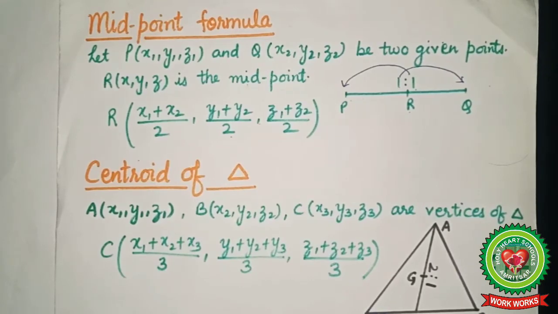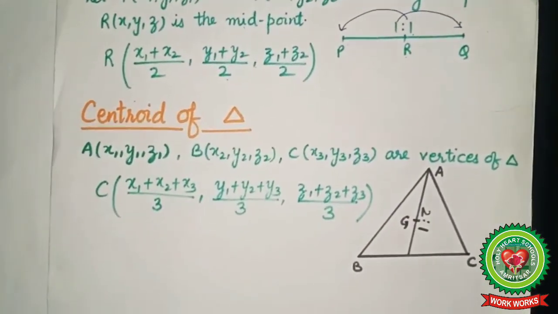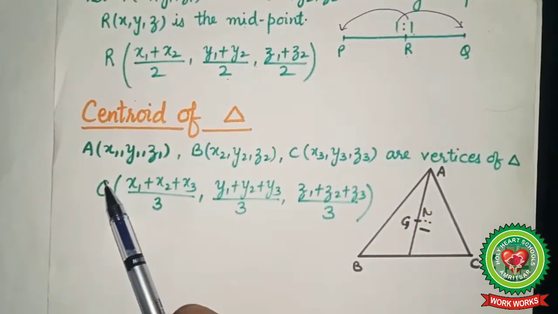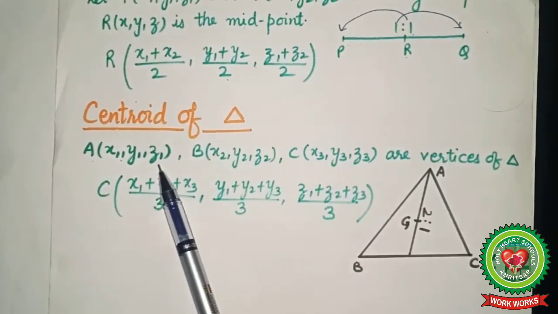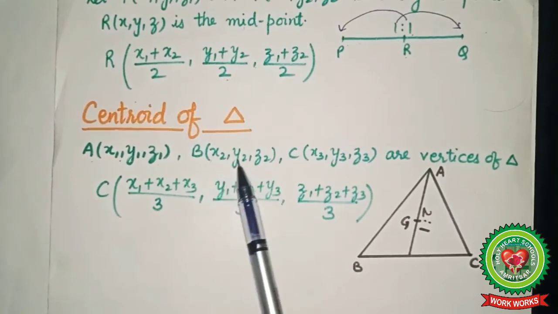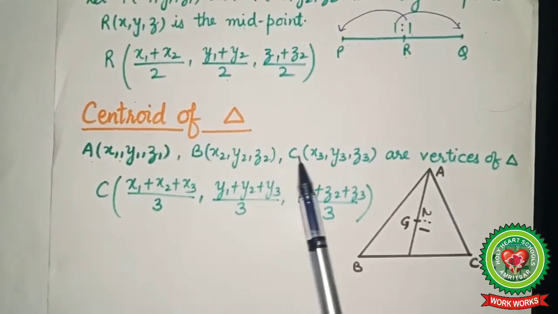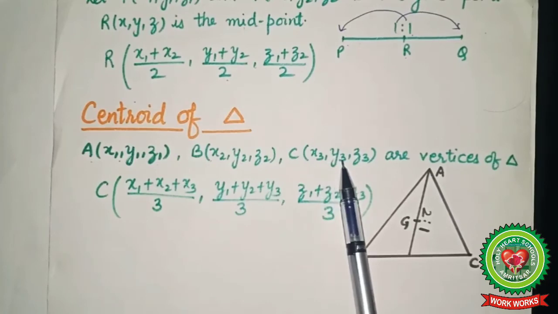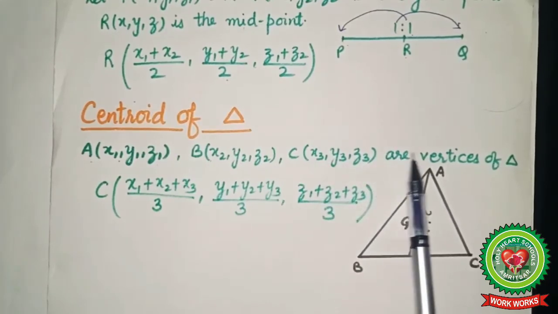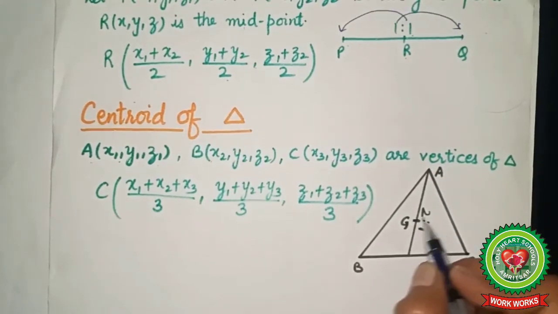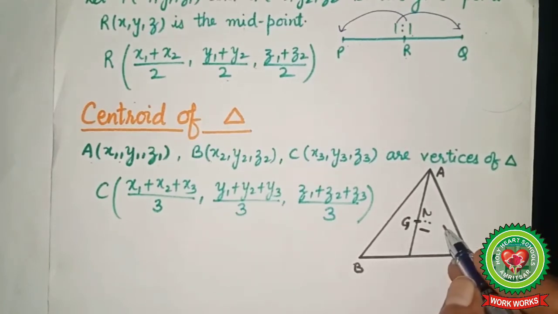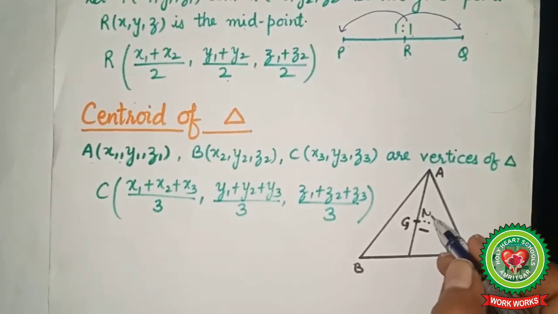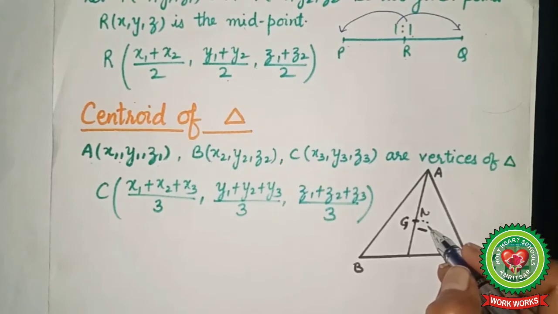Now next is the centroid of a triangle. If A (x1, y1, z1), B (x2, y2, z2) and C (x3, y3, z3) are the vertices of a triangle, then the centroid is the point of intersection of the medians of the triangle. It always divides in the ratio 2:1.